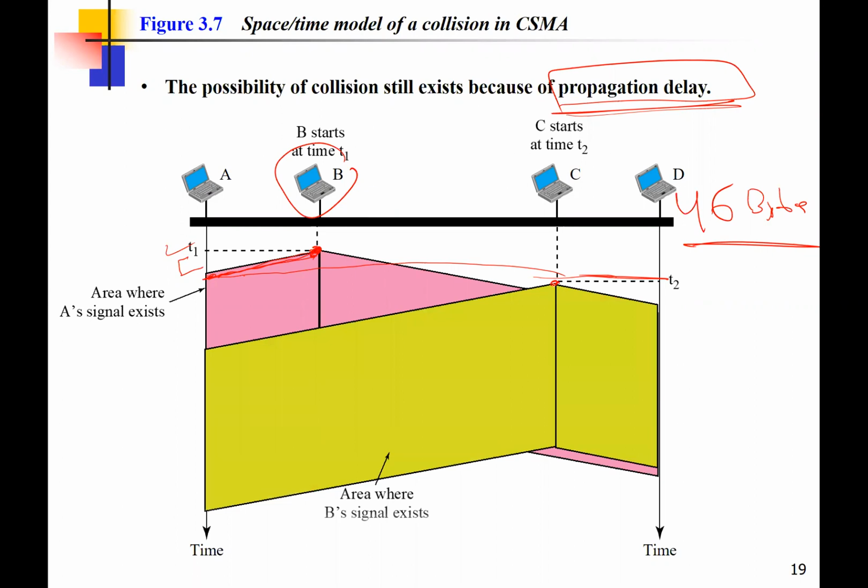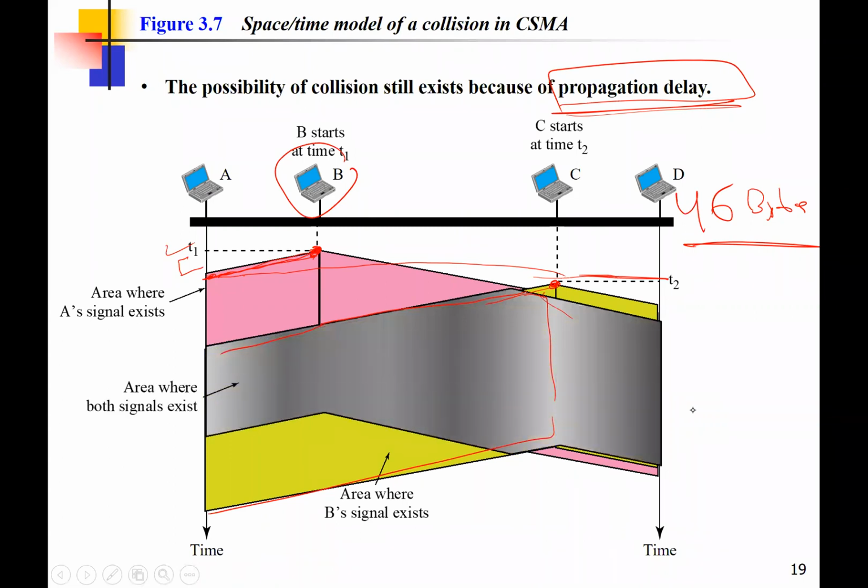Now C will send the data to everybody. What's going to happen here? You see this area? In this area, you have a collision. So in this case, what do you have to do? What will C and A, or B, do?